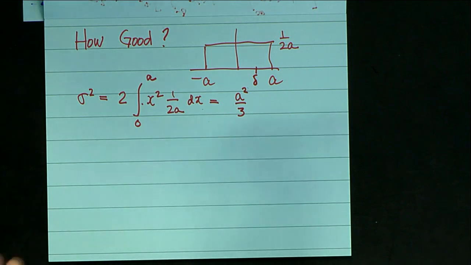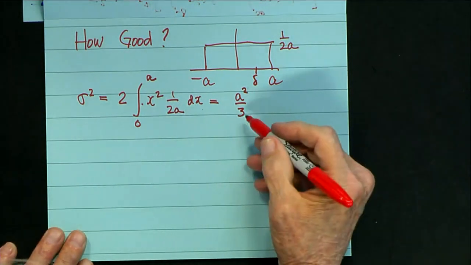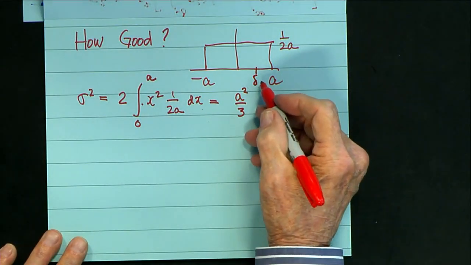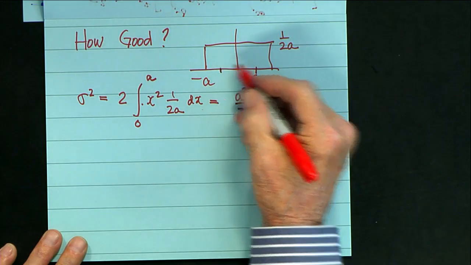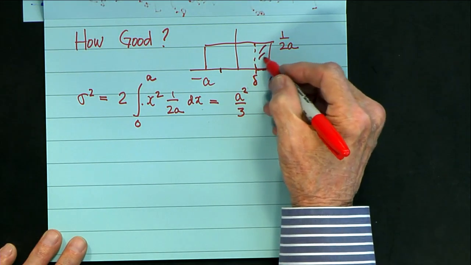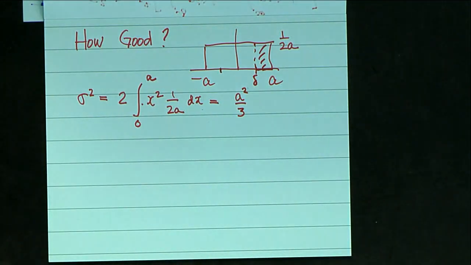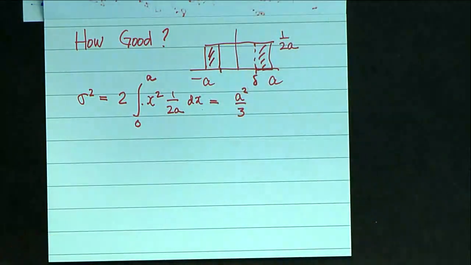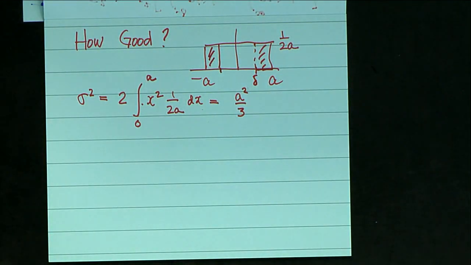Now let's calculate how much mass is out here, without worrying about sigma. How much mass is outside that interval? Talking about that shaded area.